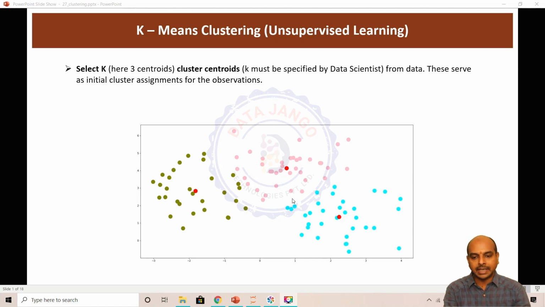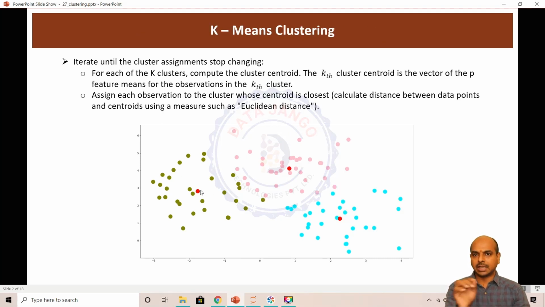Similarly, it takes the average of the data points in the second cluster and makes that the centroid, and the same for the third. That means the centroid is moving. We are learning the centroid, right? The centroid will move, and in the next iteration it moves a little bit.